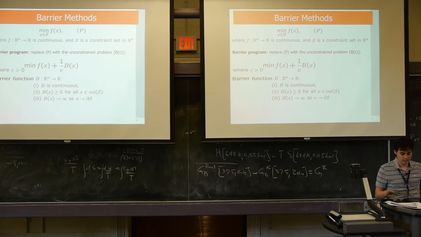In other words, we start our optimization inside the set S. It might not be optimal, but we have a feasible point, and we don't let the algorithm go out of set S.